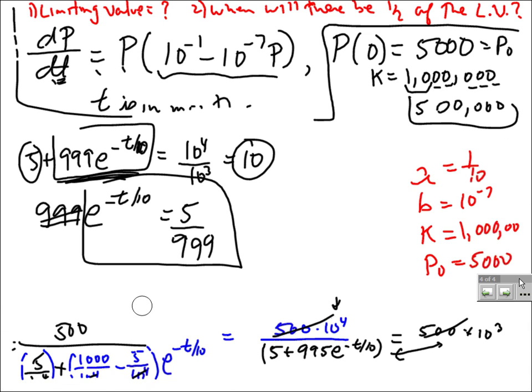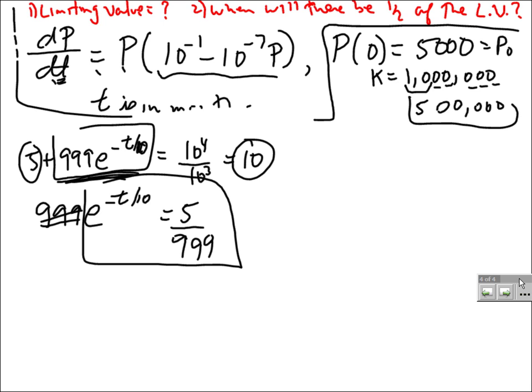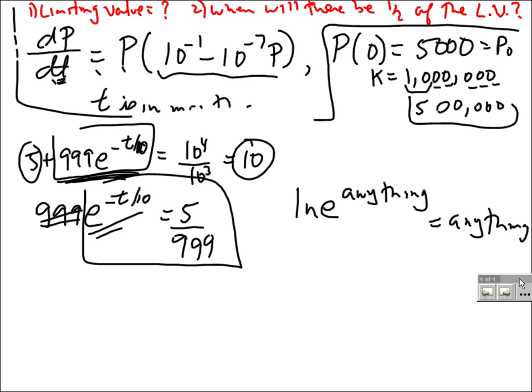And now, hopefully this is easy. I take ln of this. And remember, ln of e to the anything is equal to anything. So when I take ln of this, I'm just going to get the anything, negative t over 10. I take ln of the right side.